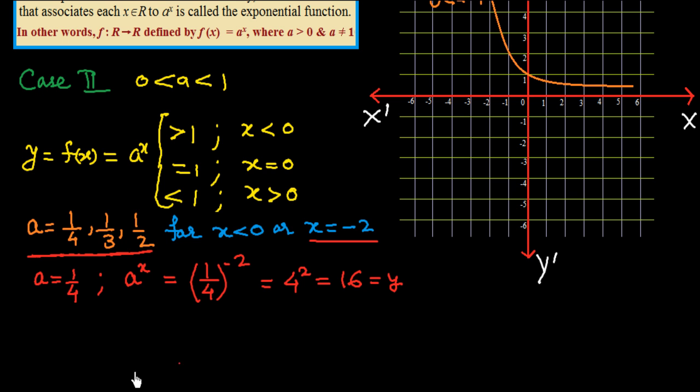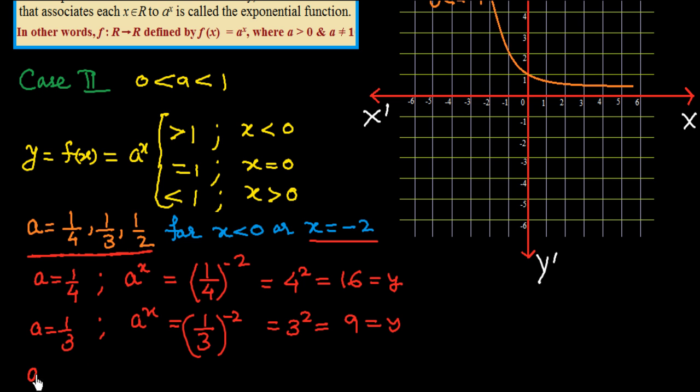If we are taking a is equal to 1 by 3, then a power x is 1 by 3 power, and x we are taking minus 2 here again. So it is 3 square, which is equal to 9, which is y. And finally we are taking a is equal to 1 by 2.